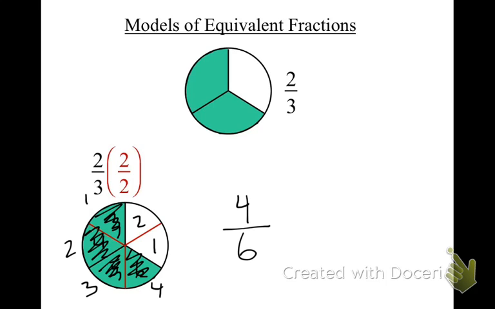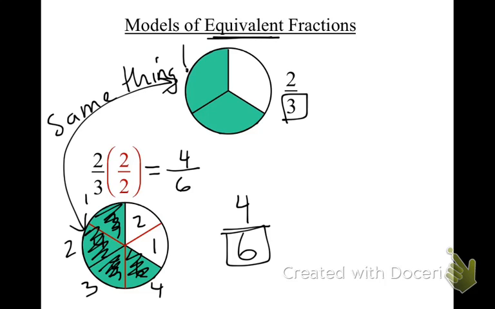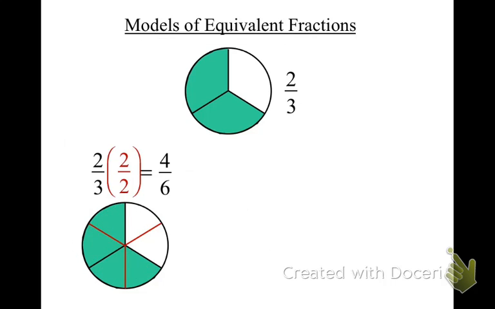So I have 4 over 6. If we multiply this, what's 2 times 2? 4. 2 times 3 is 6. So these 2 shapes are actually the exact same thing. All we did was manipulate it. We started with 3 pieces over here, now we have 6 pieces over here. Equivalent means the same thing. That's how we get our 4/6.